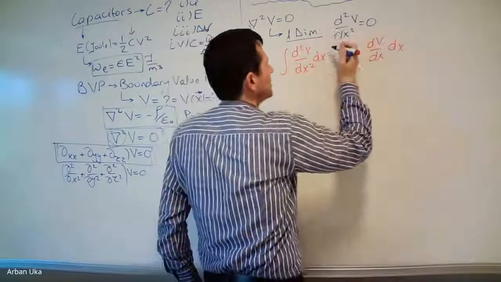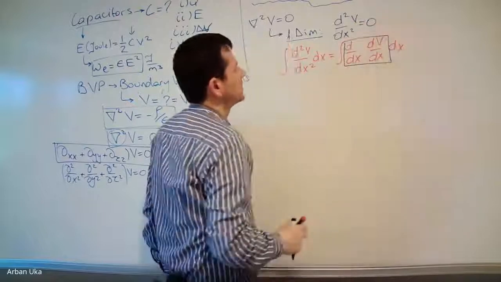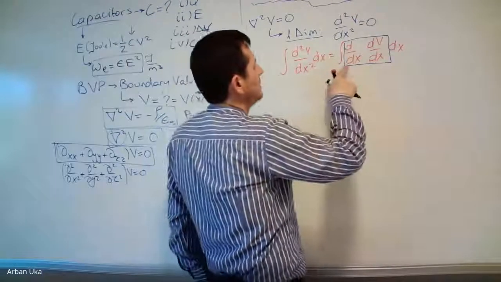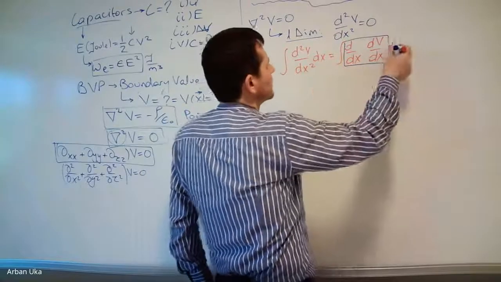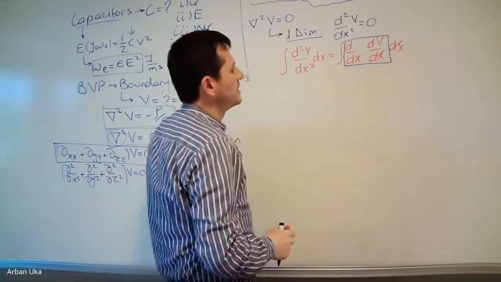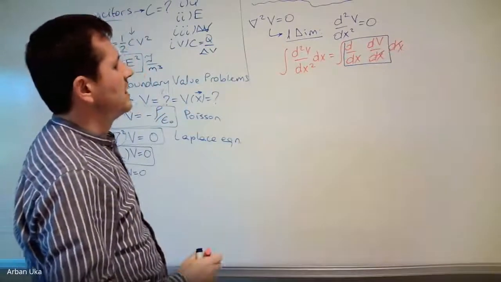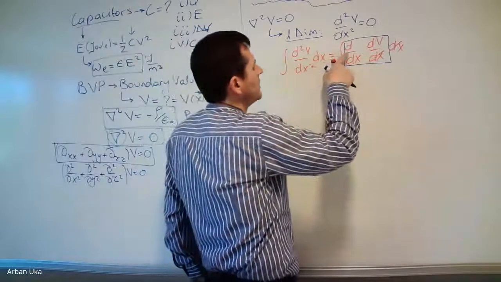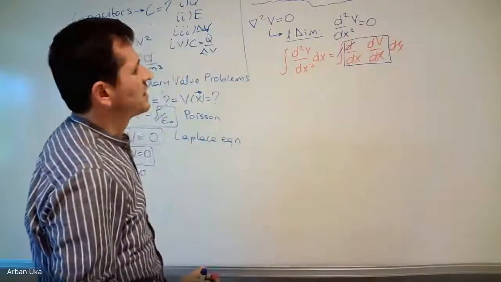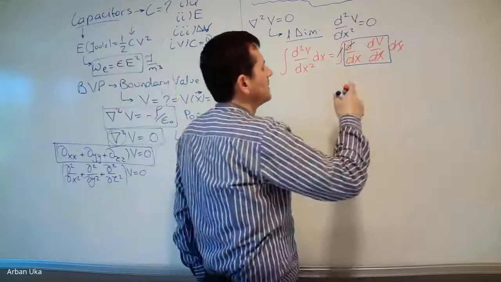So this is the second order derivative. We have to integrate over x, and in here we can say that this d over dx, they cancel out each other, and then the integral, it is the inverse function of the differential, so they cancel out each other, and we simply get dv.